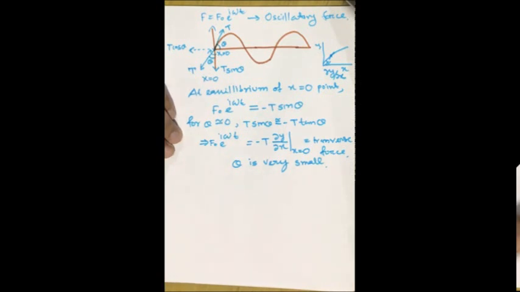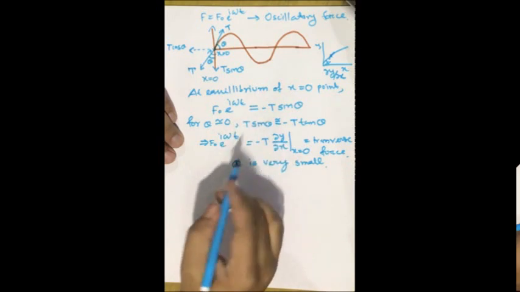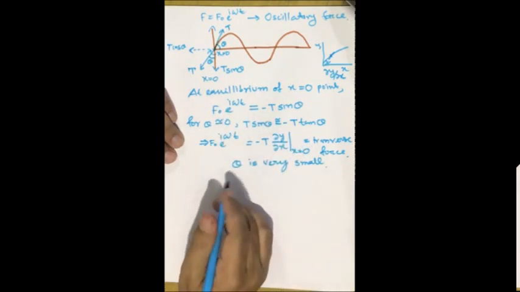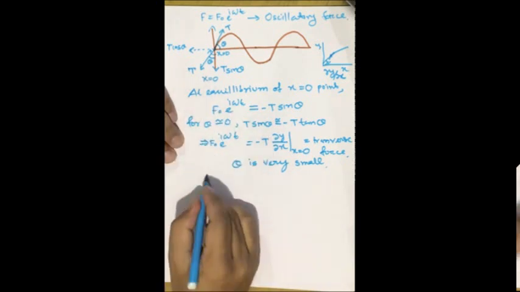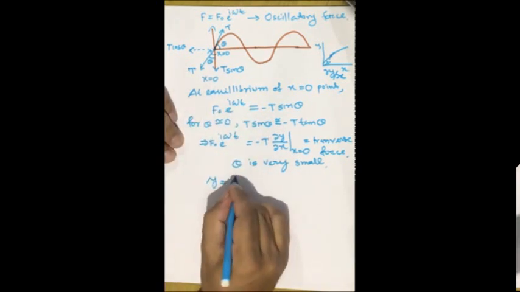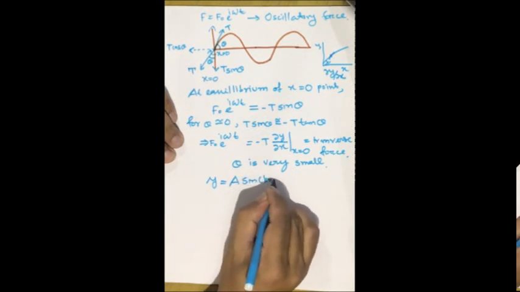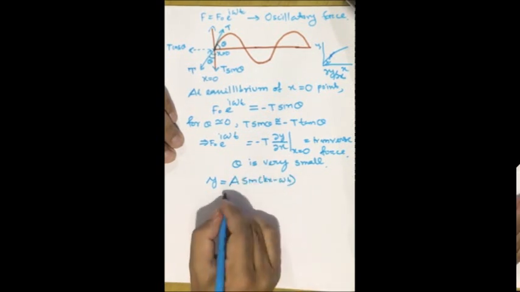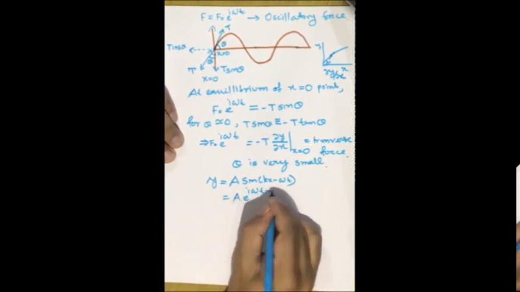Okay, so let me write the displacement. We know that the displacement for a string system, or for any other transverse wave or oscillating longitudinal wave, we can always write as displacement equals a sin(kx minus omega t), or in complex notation, a e to the power i(omega t minus kx).